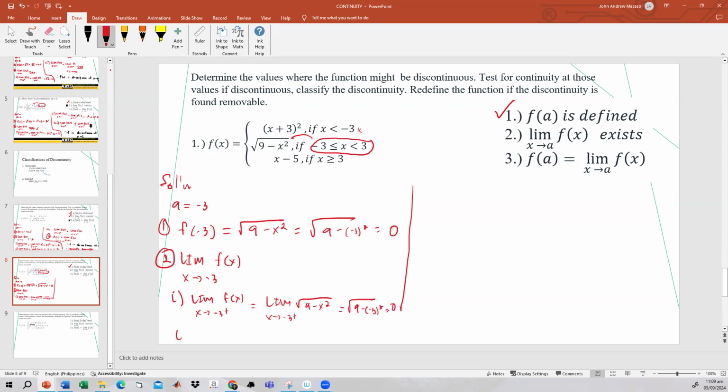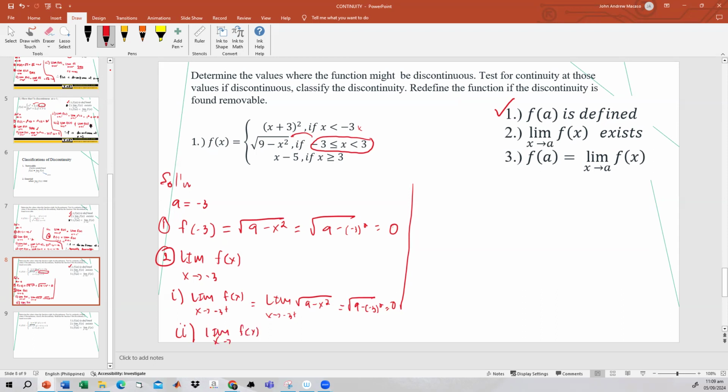Okay, what's next? We'll do now the left side limit. We're in the limit of f of x as x approaches -3 from the left. So what will be the function that we need to use? Of course, we need to use x is less than -3, which is the inequality that will satisfy.